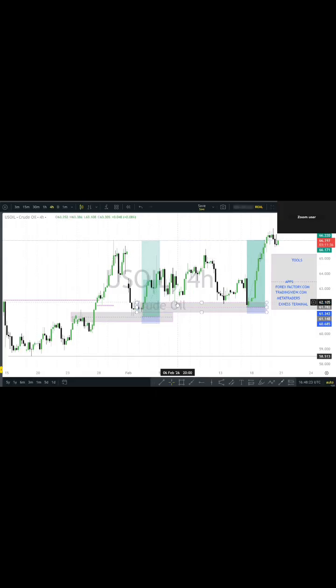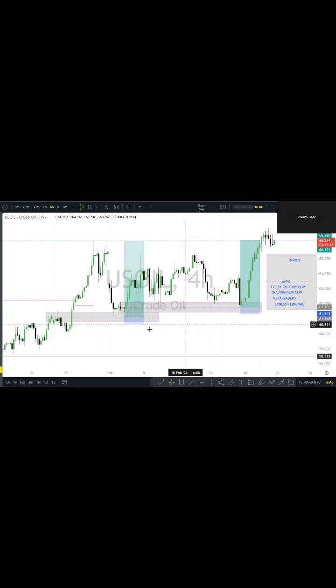Instead of me closing here because market is trying to sell, I rather find a new directional bias and new structure. I moved to a lower time frame, which is the 1 hour time frame.